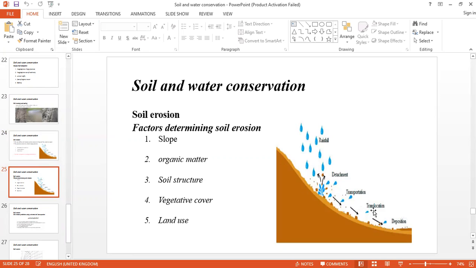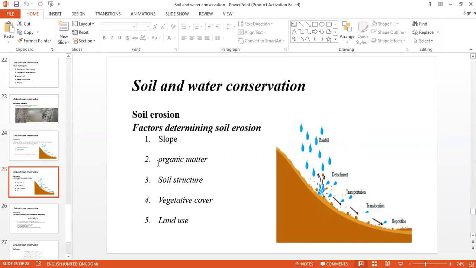The steeper the slope, the more water will be sliding on that slope, and it's carrying soil with it. So if you have a sloping soil, the erosion will increase. Then the second one is organic matter.